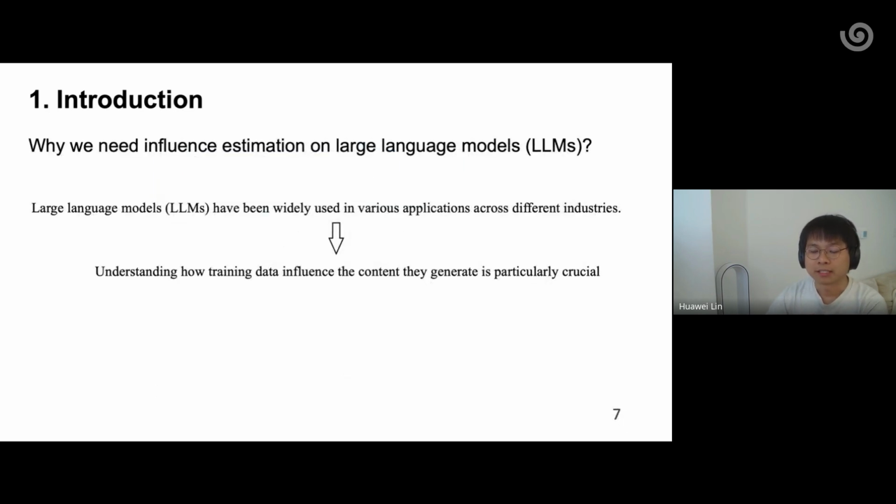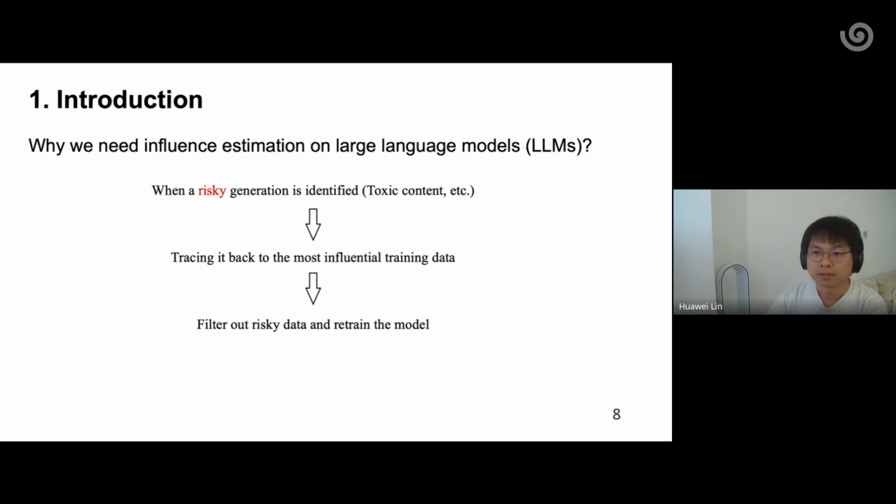Because large language models have been widely used in different applications, understanding how training data influence the contents they generate is particularly important. So for example, for a large language model, if a risky generation or unexpected generation is detected, we can trace it back to the most influential training data, and then we can filter out all the risky data and retrain the model.